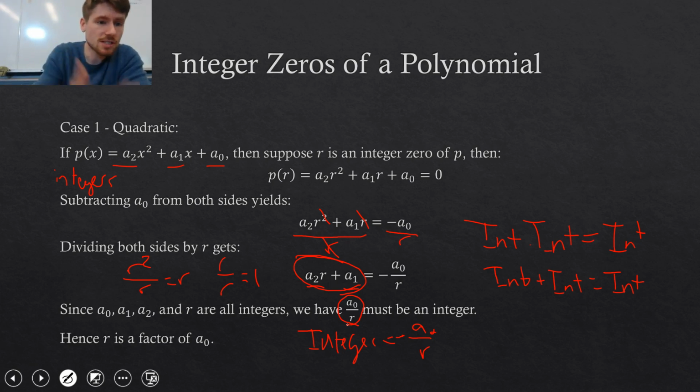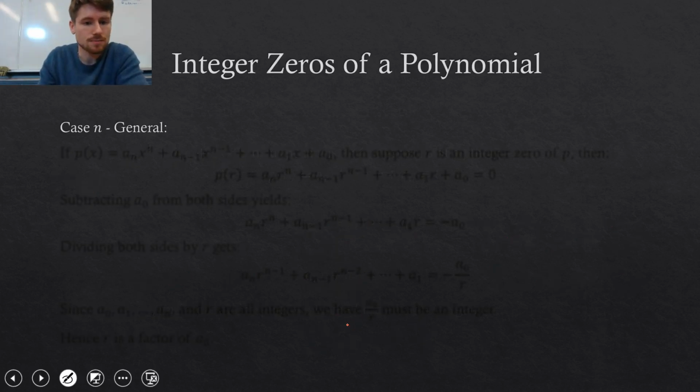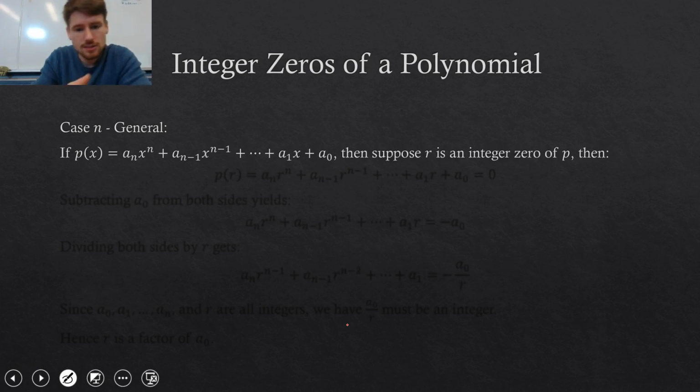Okay, so we just did it for the linear case, we did it for the quadratic case. Now, this works for any polynomial. So here's our general case. So now I've got to list the polynomial in its general form, which is some coefficient times some positive power of x, plus another coefficient times the power of x that's 1 less, plus another coefficient, and so forth.